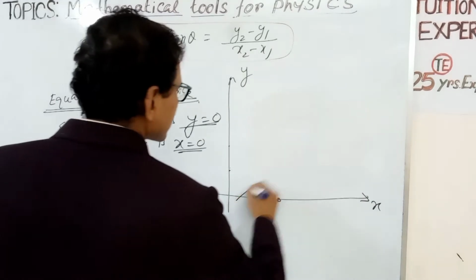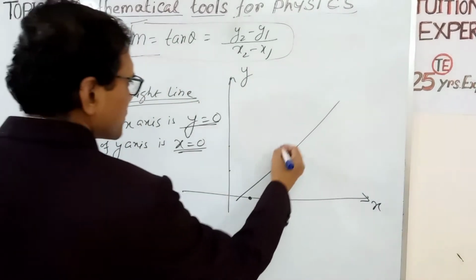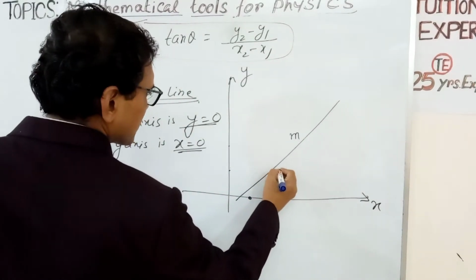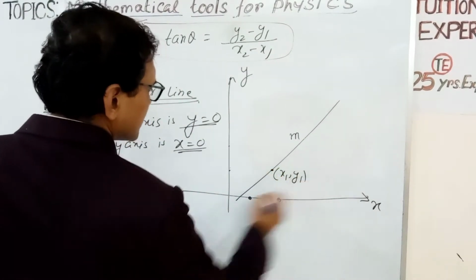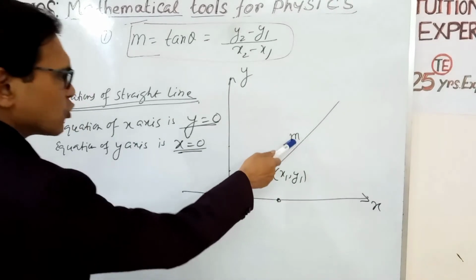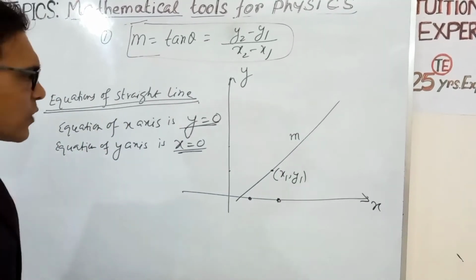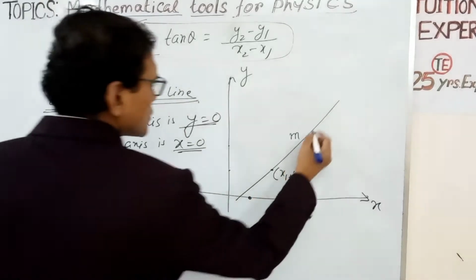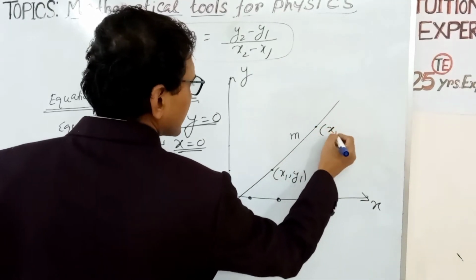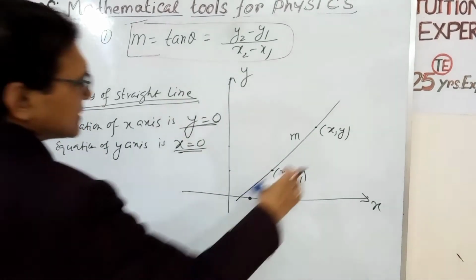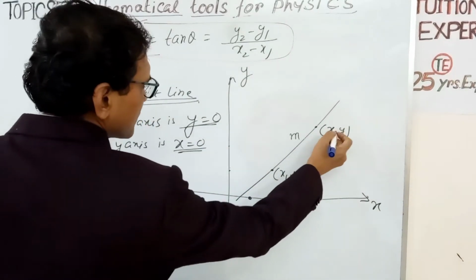Suppose let's say a straight line is this, whose slope is given, and another point is given. So this is a line whose slope is m, and the line passes through the point x1 y1. So what is the equation? To find the equation, we need a general point x y. Always we express the equation in terms of a general point x y.